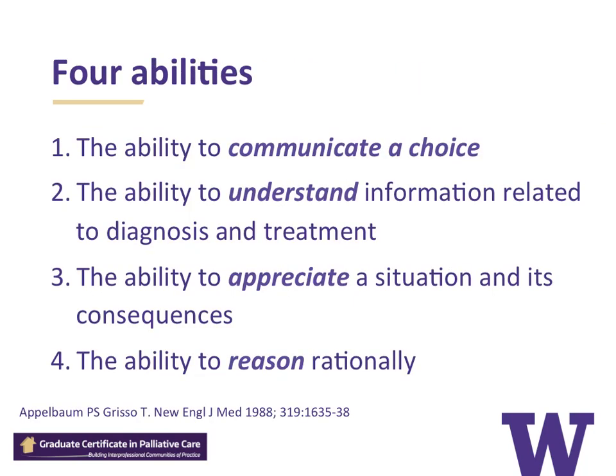The 4 abilities are as follows: the ability to communicate a choice, the ability to understand one's condition and proposed treatment, the ability to appreciate a situation and its consequences, and the ability to demonstrate a thought process that we can recognize as rational, although we don't necessarily need to agree with it. Again, communicate a choice, understand information, appreciate the consequences, and reason rationally.